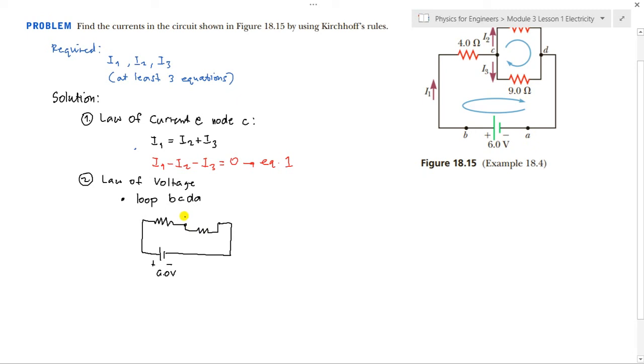This is C, D. This is A and B. So here we have a resistor of 4 ohms. This one is 9 ohms. And then here, I1 passes through 4 ohms. I3 passes through 9 ohms.